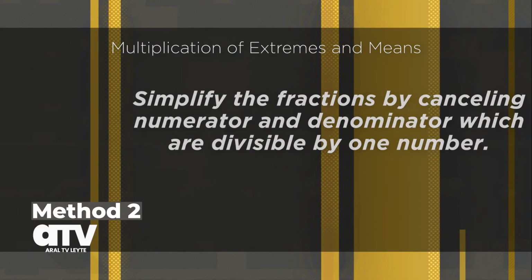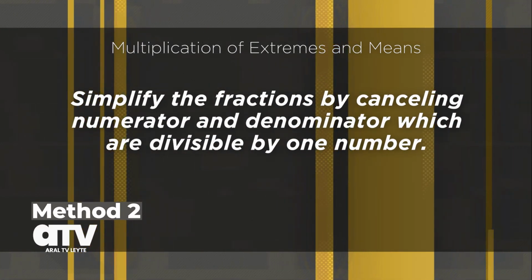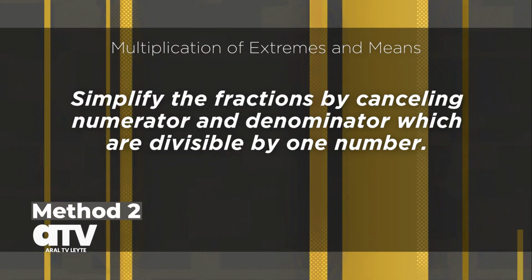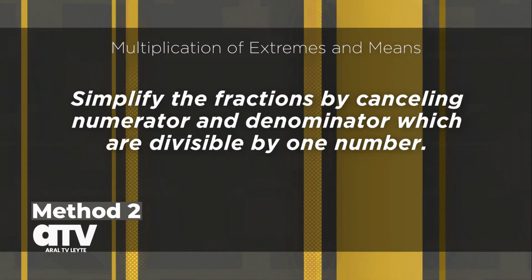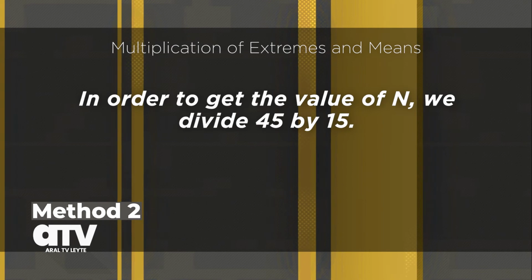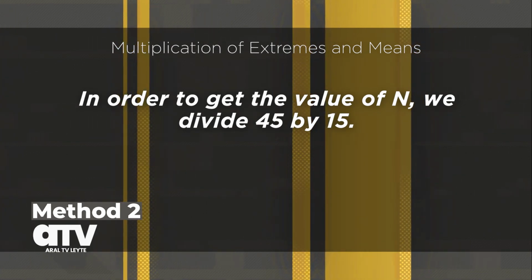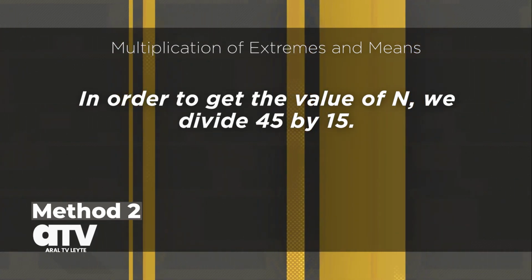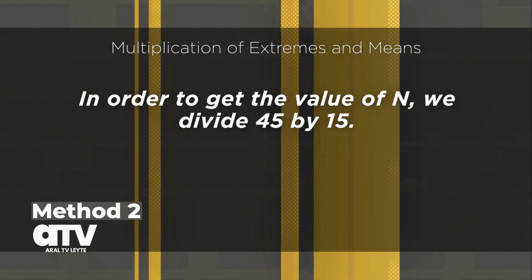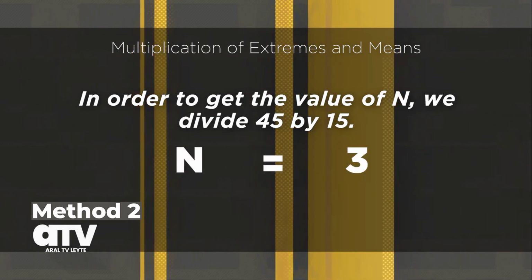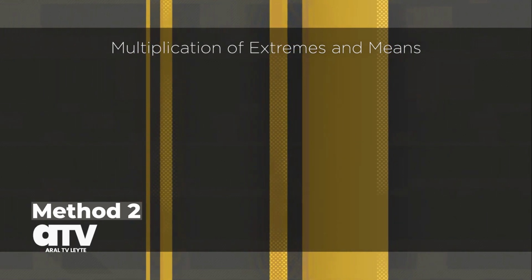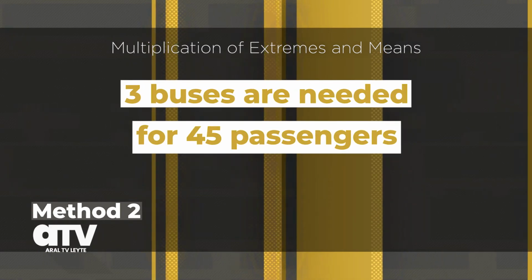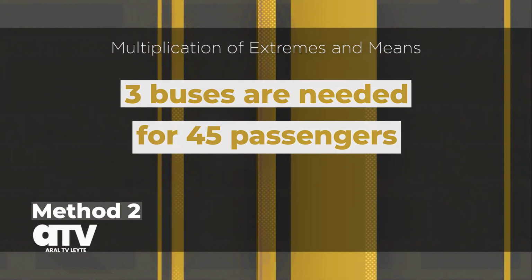Simplify the fractions by canceling numerator and denominator, which are divisible by one number. In order to get the value of n, we divide 45 by 15. So, the missing term n is 3. Therefore, 3 buses are needed for 45 passengers.